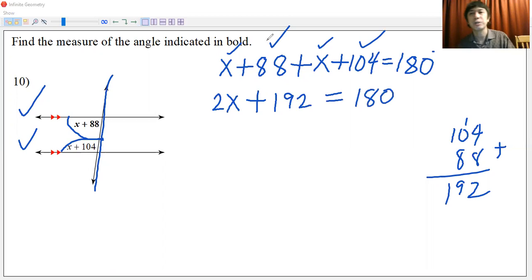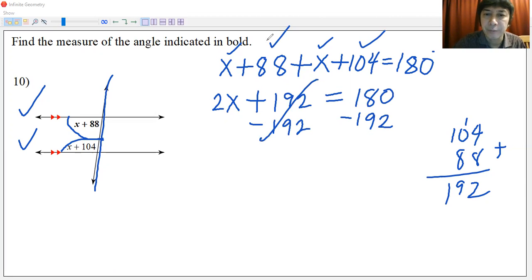Next step: isolate the terms with the letter from the numbers. So we shall subtract the 192 and subtract 192. There, this zeroes out. We will only have 2x. The right side will be 180 minus 192.